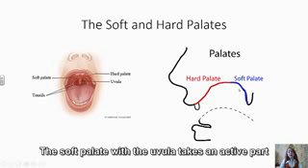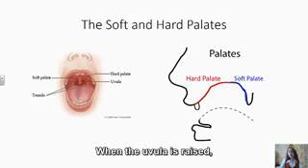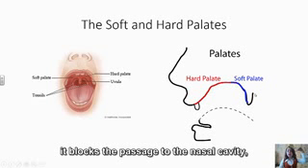The soft palate with the uvula takes an active part in the production of oral and nasal sounds. When the uvula is raised, it blocks the passage to the nasal cavity.